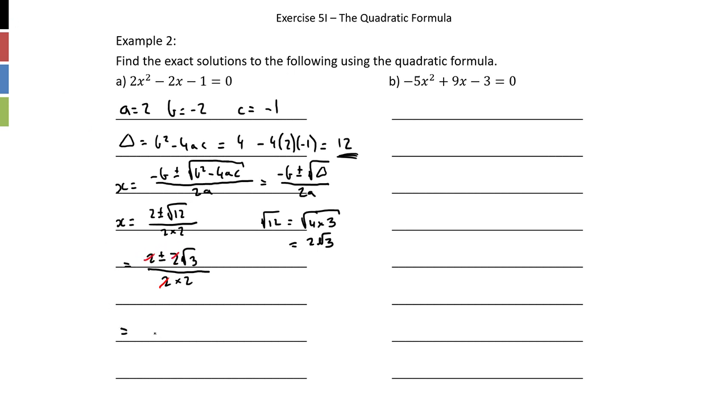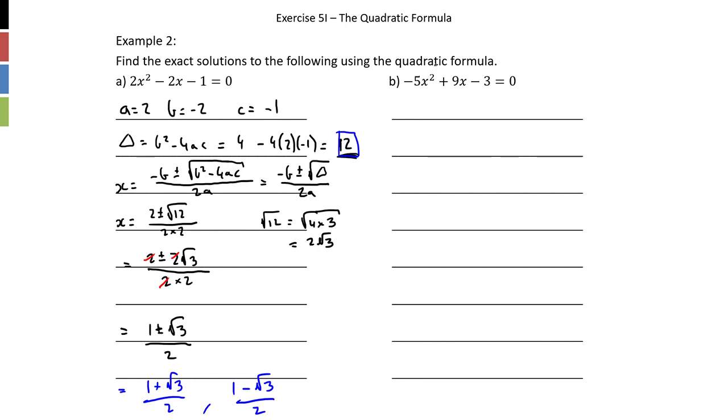So we get a solution of 1 plus or minus root 3. Because it wasn't a perfect square, we've ended up with an irrational number, square root 3. I can write this to show you it is 2 solutions: 1 plus root 3, or 1 minus root 3. Two solutions, which is what our discriminant said we should get.